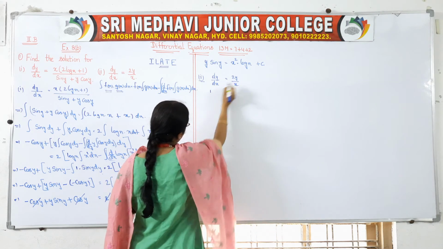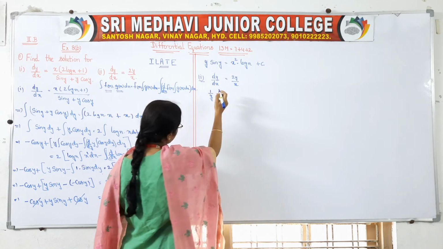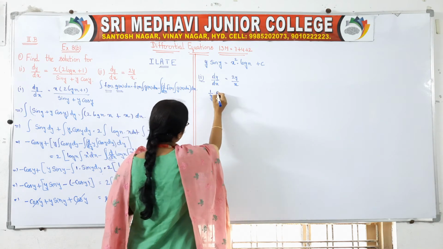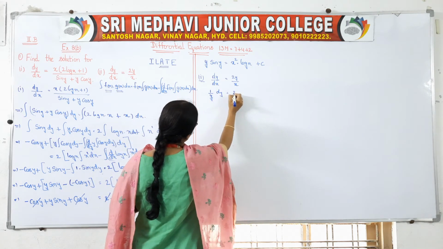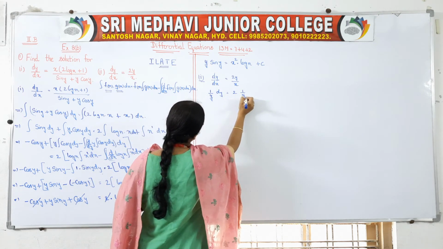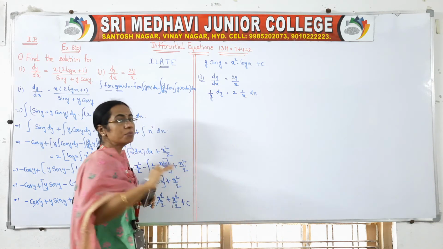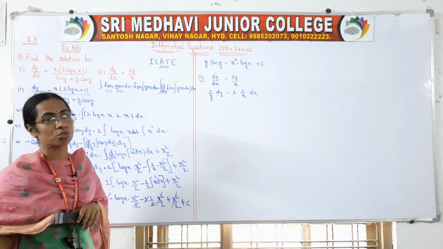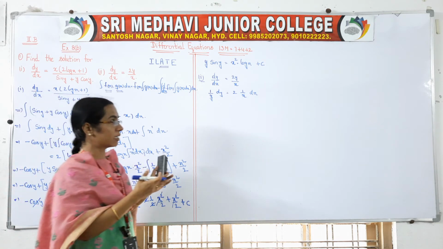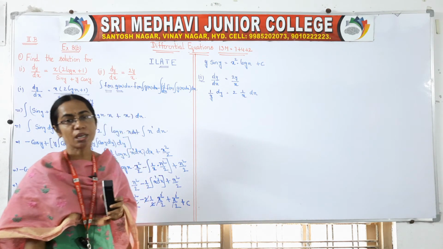Here it is upwards, if you take it this side, it comes downwards into dy, is equal to 2 into 1 by x, sending dx that side. y terms into dy, x terms into dx. That should be the pattern of your variable separable method.